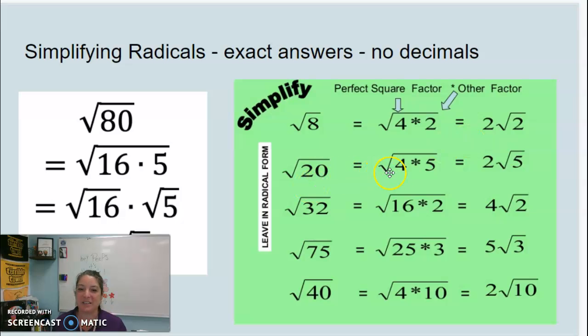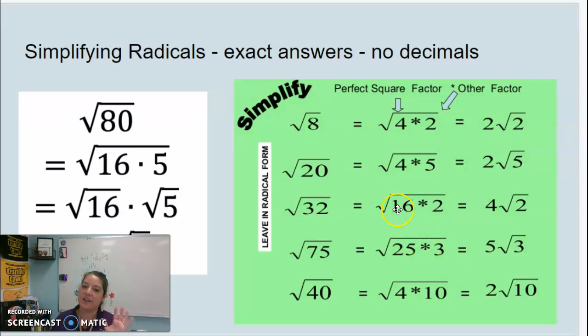The square root of 20 is going to break down to a 4 and a 5, and so the square root of 4 is going to be 2, and so you get 2 root 5. The square root of 32 is going to be a 16 root 2, which is a 4 root 2. Square root of 75, excuse me, is 25 and 3. Square root of 25 is 5.